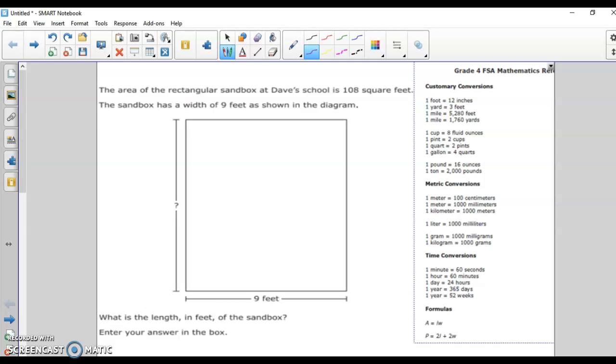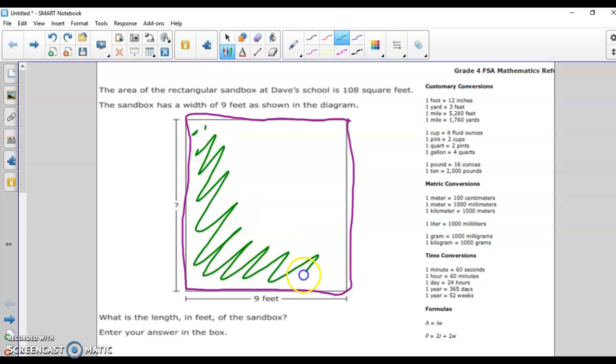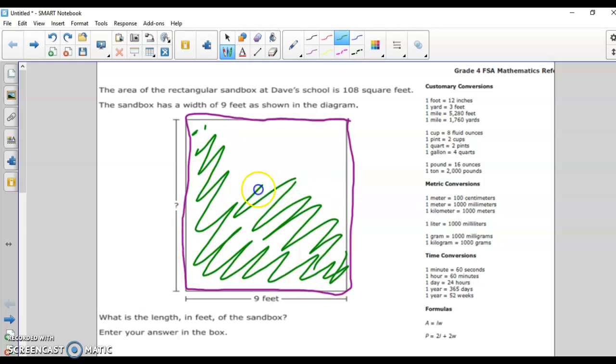Yesterday we had a little mini lesson on review from third grade about perimeter and area and what they mean. We learned that perimeter is going to be the outside, or fencing, of an object or shape. And our area is going to be all of the space inside of that shape.